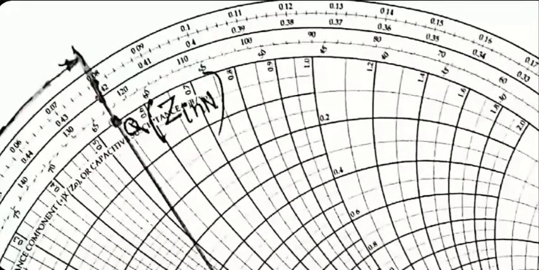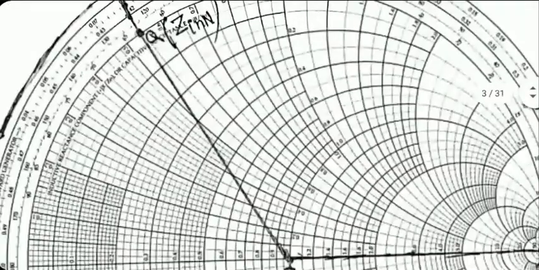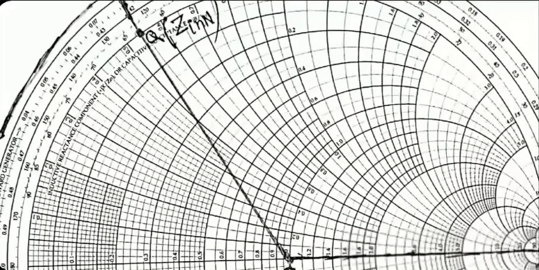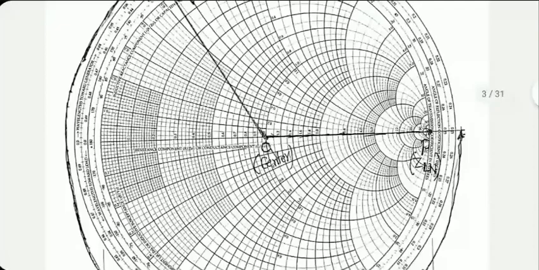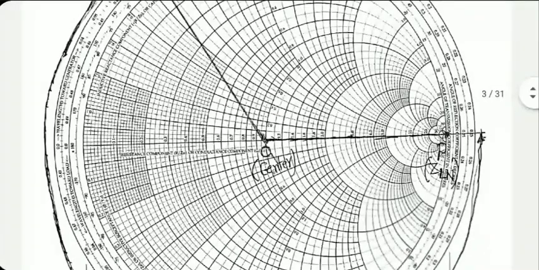You now figure out which constant R circle passes through Q, approximately at least, and which constant X circle passes through Q. Okay. The constant R circle that is passing through Q is the outermost circle, which is marked as R equal to 0. So the real part of Z in N will be 0.